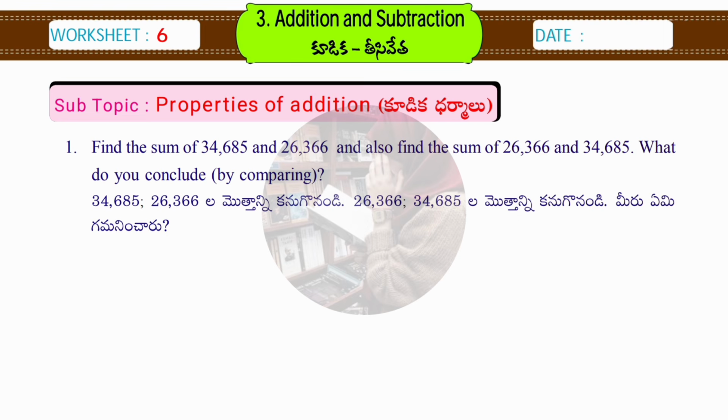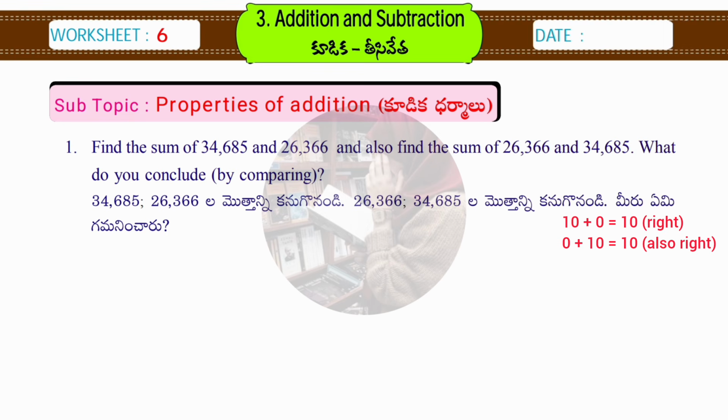Here we have been given two different numbers and we are asked to sum them. Sum means addition. Difference means subtraction. We have to do the addition of these two numbers and then find the addition of these two numbers by shifting their places. Here I would like to tell you one example. See, 10 plus 0 is 10, right? As it is, 0 plus 10 is also 10.